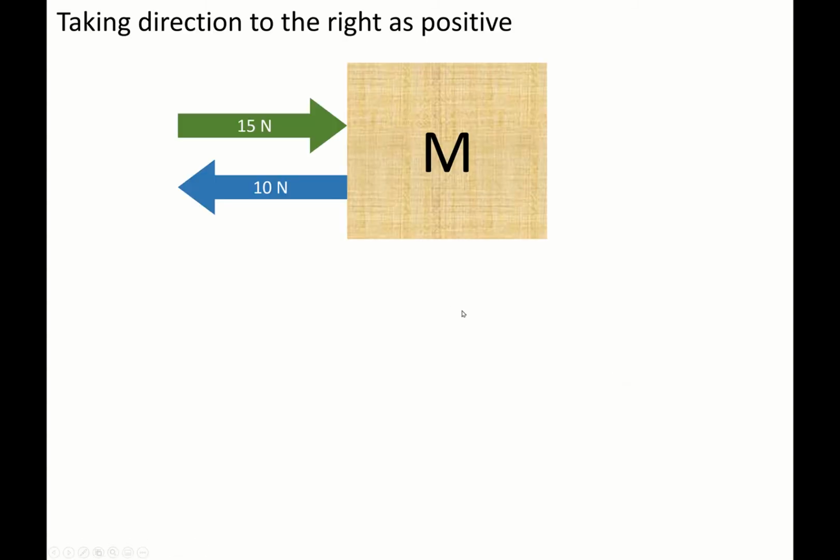So let's begin. Now let's take this scenario for example. You have a mass m, and there are two different forces acting on it. There's a 15 Newton force acting towards the right on m, and a 10 Newton force acting towards the left on m.